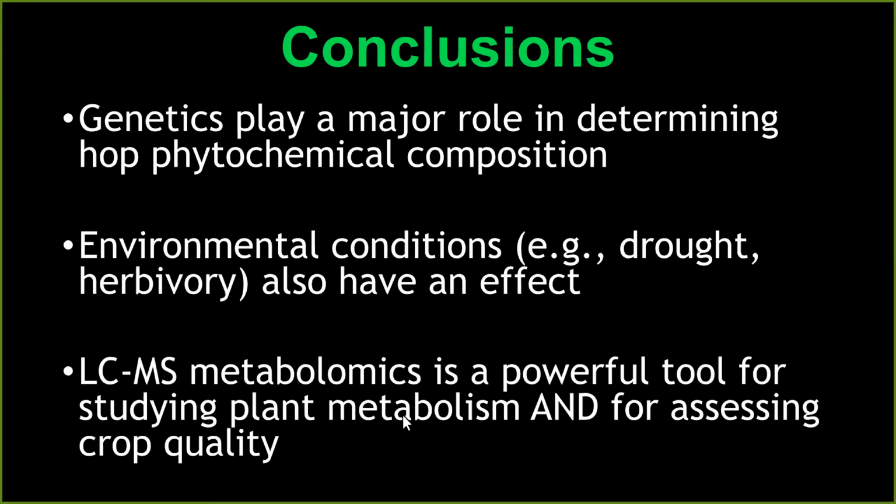And LC-MS metabolomics is a powerful tool, not only for studying plant metabolism, so like basic biology questions, but also for assessing crop quality. Because as I mentioned, a lot of the compounds that we were measuring contribute to the quality characteristics of hops, such as their bitterness and aroma.